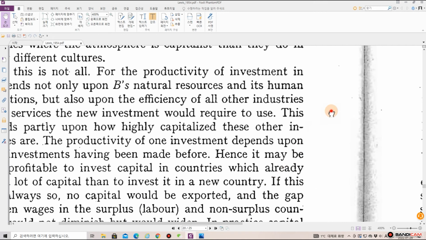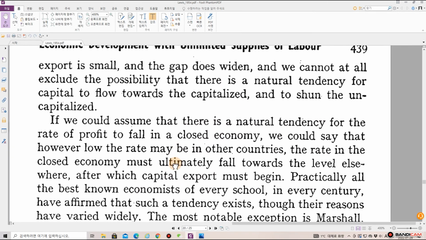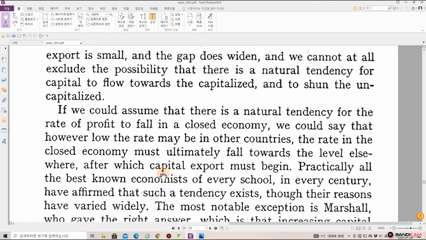In practice, capital export is small, and the gap does widen, and we cannot at all exclude the possibility that there is a natural tendency for capital to flow towards the capitalized and to shun the uncapitalized.